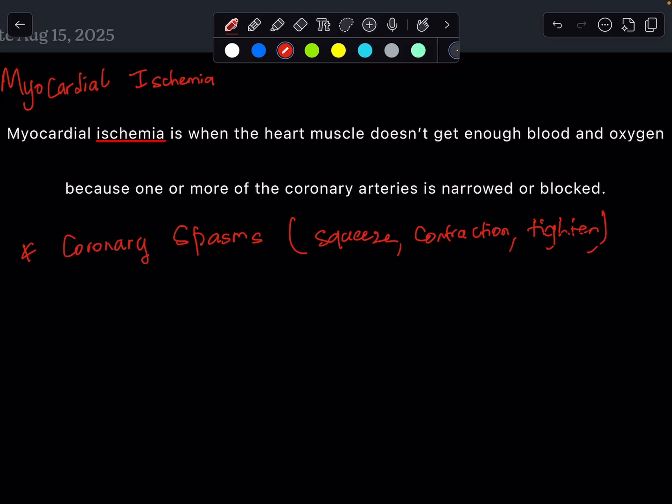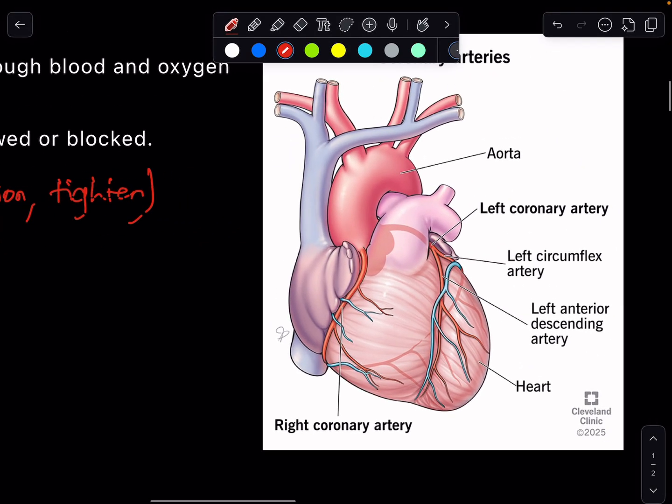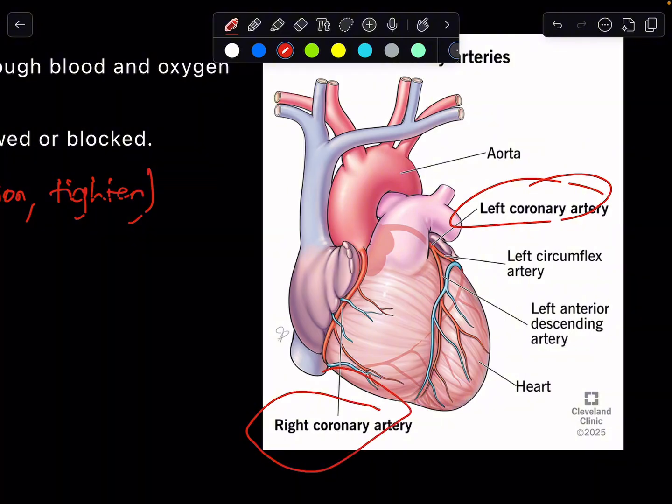But in layman's terms, before we continue, we know what the coronary artery does, right? We know that the coronary artery supplies the heart itself with oxygen. So let's take a look right here. These are the coronary arteries, this one and right here. It's in the heart, and we know the heart sends blood everywhere throughout the body.